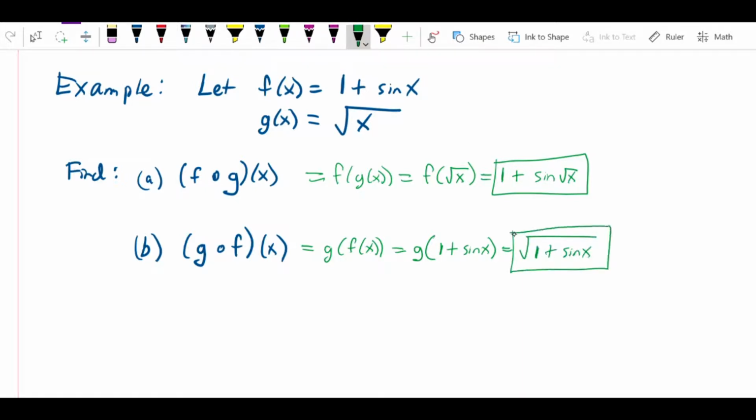So you can see that although those expressions look similar, they are clearly not the same thing. So the way we would say that in mathematics is we'd say that the composition operation does not commute. It's not like addition where a plus b equals b plus a. It's more like subtraction where depending on which order you do it in, you can get a different answer.